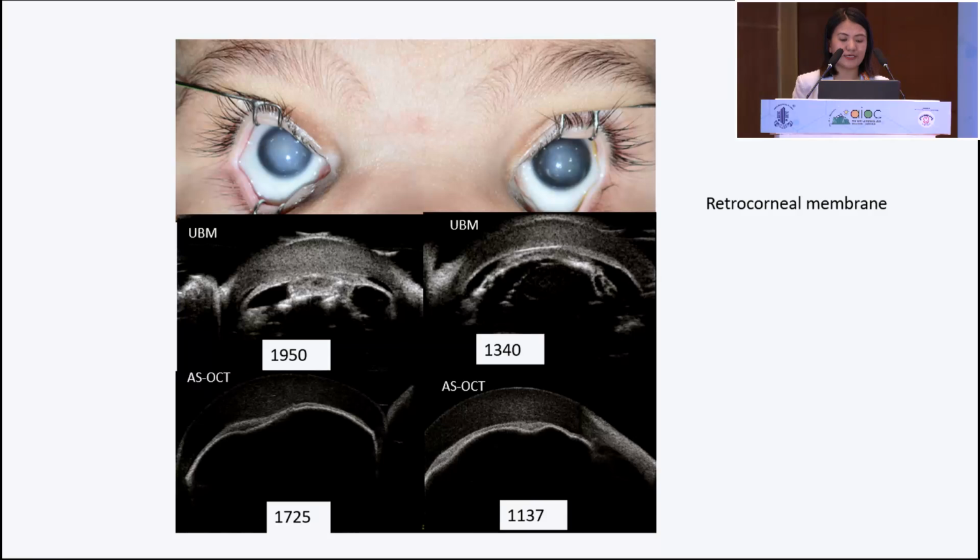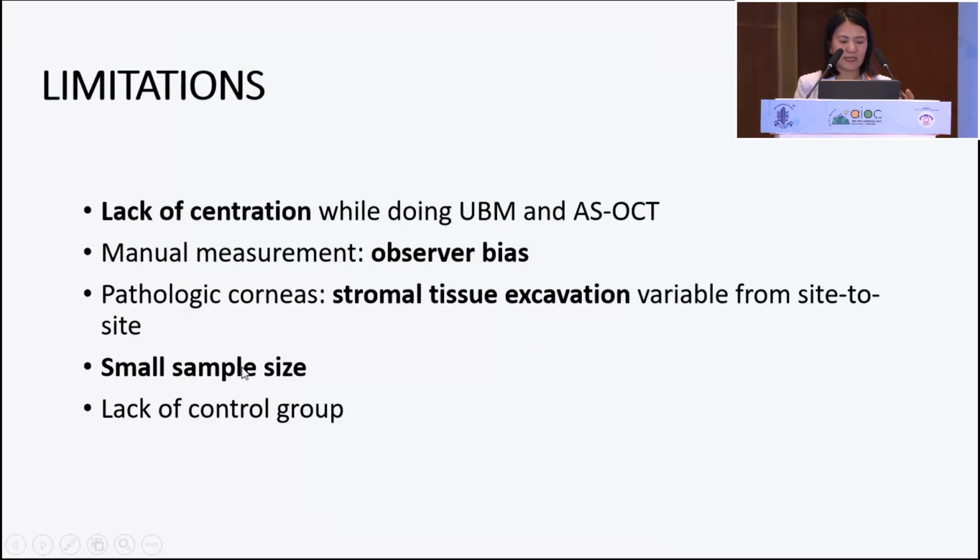In this case you can see there's a thick retrocorneal membrane, where on the UBM there is no delineation between the cornea and the membrane because of the poor resolution; it appears uniformly hyperechoic, while on the AS-OCT the retrocorneal membrane is very beautifully delineated, which can help us measure the corneal thickness better. The study had limitations because of lack of centration while doing UBM as well as OCT.